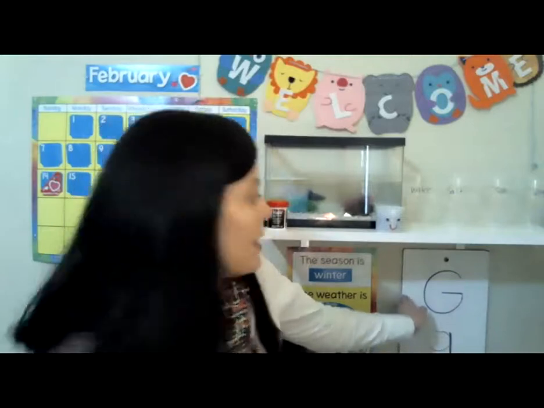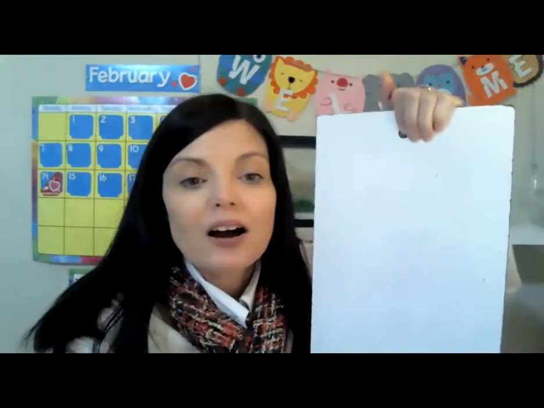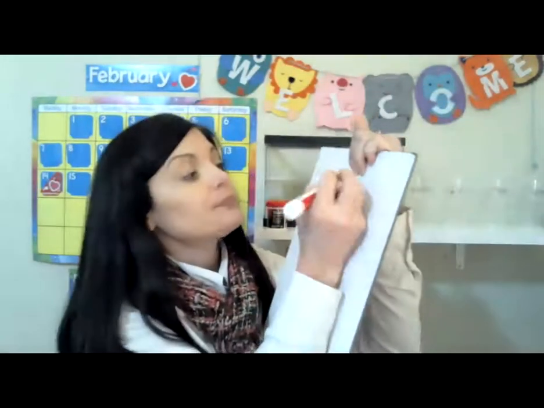Well, today when we do our blending, I'm going to do this, g, g, g, to remind you and to give you a clue. Okay, so before we blend, I need to know what the vowels are. Can you help me to know what they are? What are the vowels?